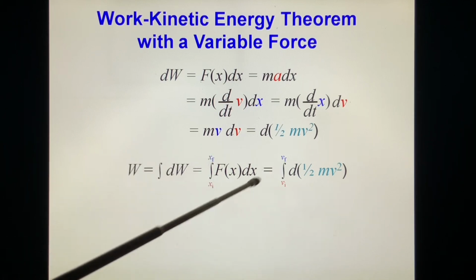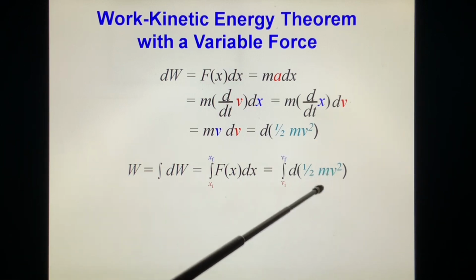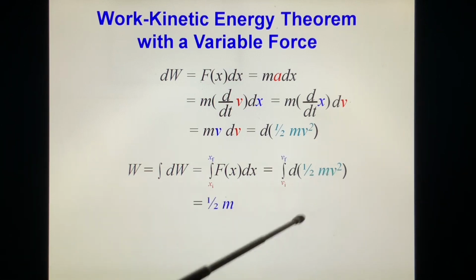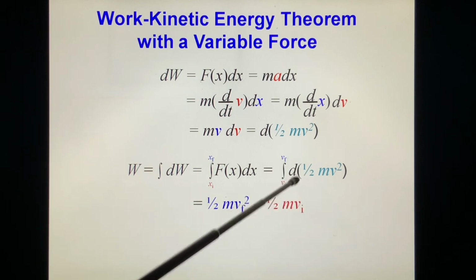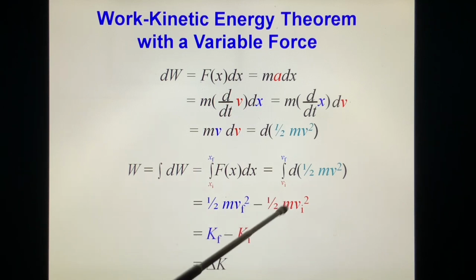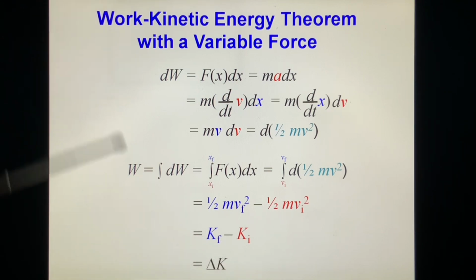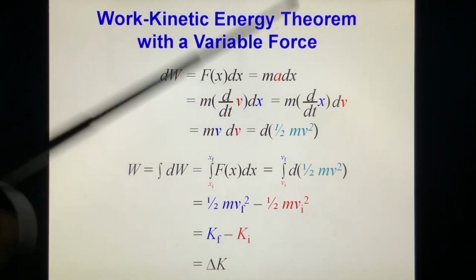So this is the work done, and this is the kinetic energy change. We do this one, and it equals half m v final squared minus half m v initial squared. This is the final kinetic energy, this is the initial kinetic energy, so that is delta K. We prove the work-kinetic energy theorem with a variable force.